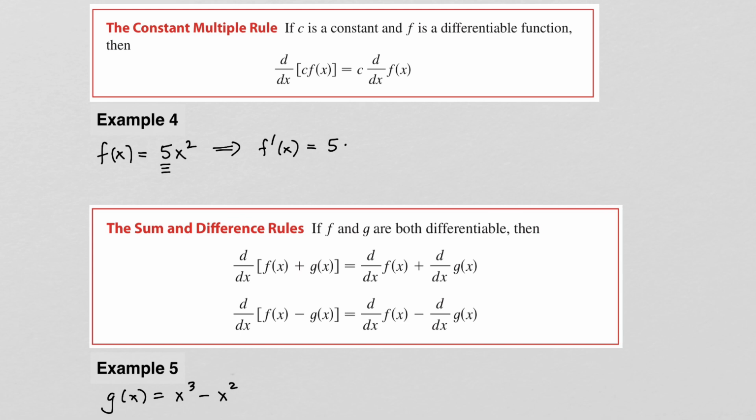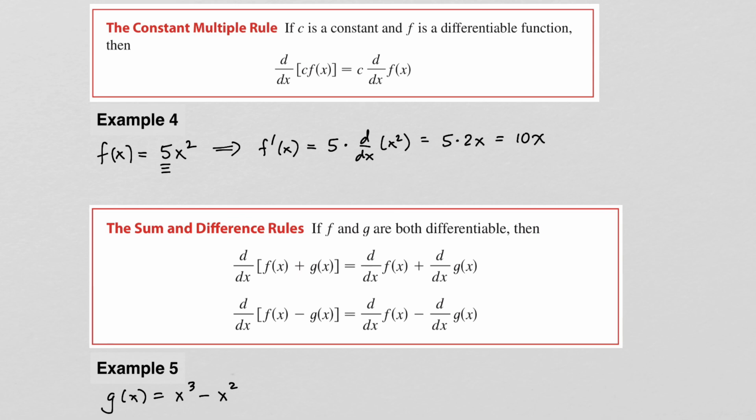It's simply going to be 5 times the derivative of x squared. And so that just becomes 5 times 2x, right? Because the derivative of x squared is 2x to the 1. And then when I multiply this out, I get 10x.